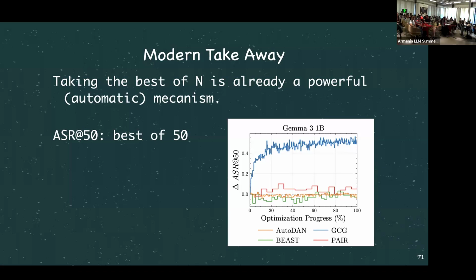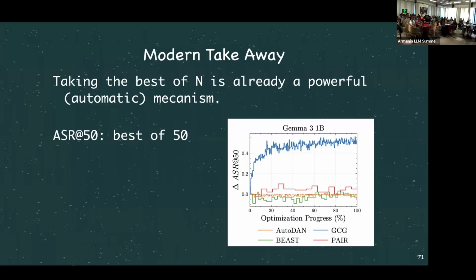The only one that actually does something more is GCG, which is the one I presented, where as you do your search, you become more and more likely to get the answer. This one is getting more and more efficient, meaning that with fewer queries you get the harmful output.